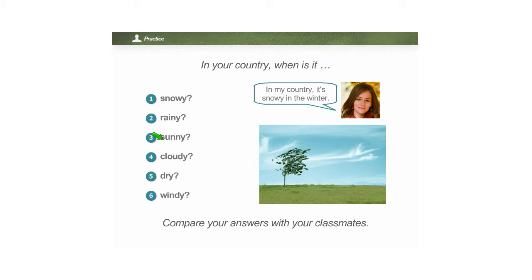Oh, teacher, I don't think about season, but in the sunny. Yeah, but this time you need to practice saying, if the weather is like this, what season is that? For example, in my country it's snowy in the winter. What about sunny? Oh, thank you. In my country, it's sunny in the summer.